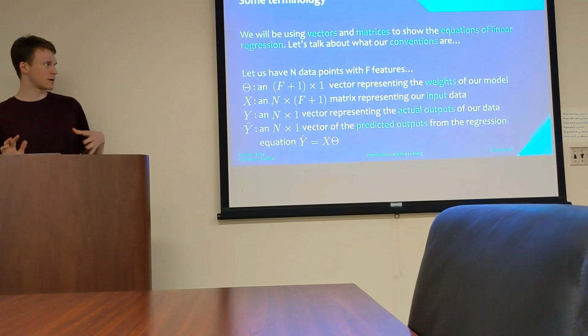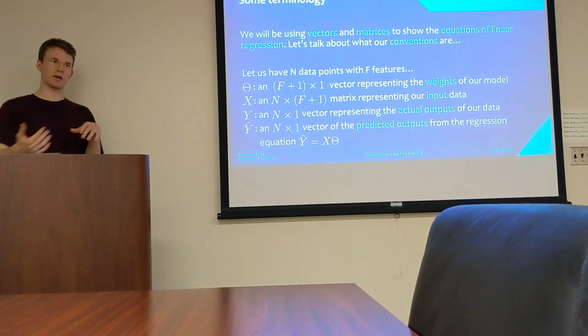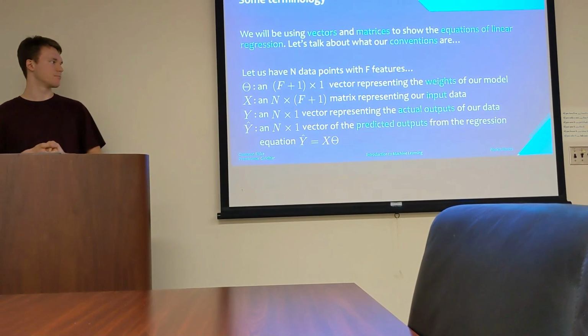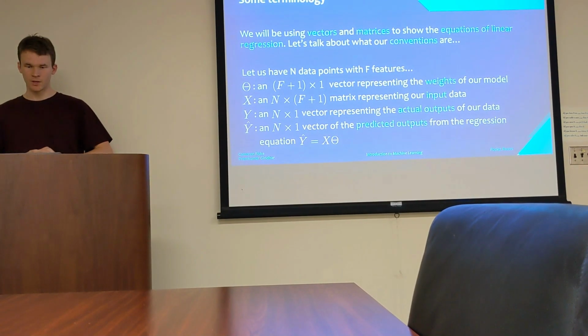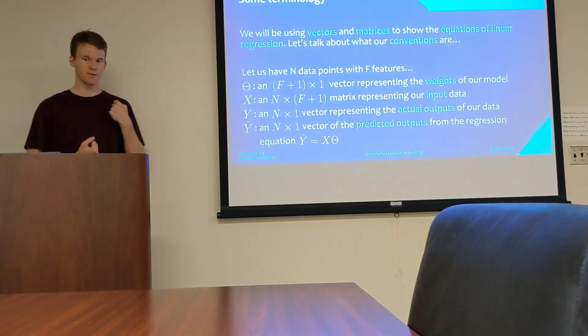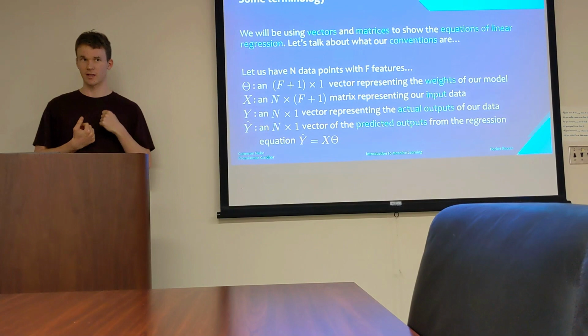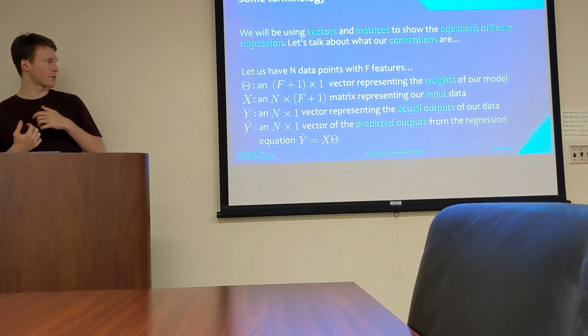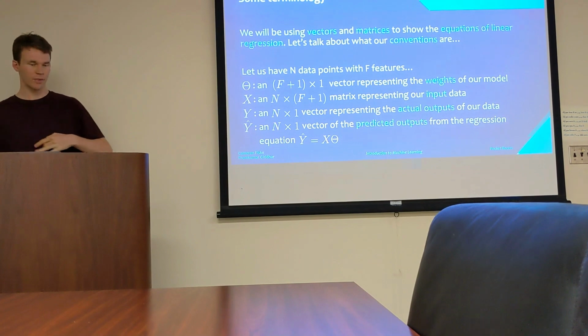So we're going to go over some terminology for what we're going to do before plugging these new variables into our modified equations. So now we're going to be using matrices, which hopefully people remember from 33A and a bunch of other classes. So now we're going to be replacing A and B with theta.